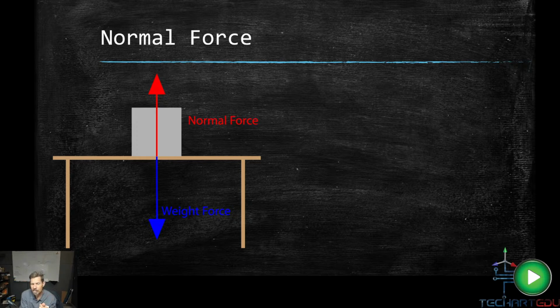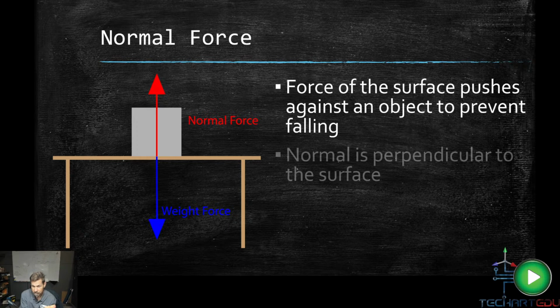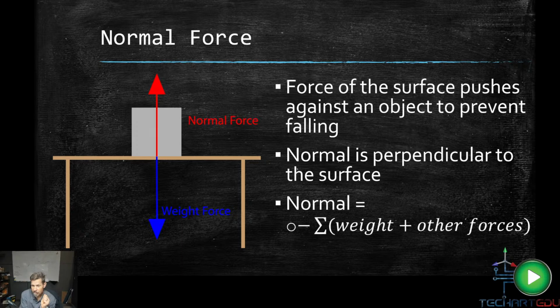Okay, so notice that the normal force is in the exact opposite direction of the weight force. And that's pretty much all that there is. And so it's got to be perpendicular to the surface and going opposite to the weight force. In fact, the normal force is actually equal to the negative weight added with all the other forces.